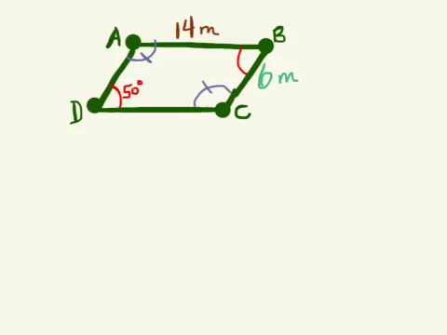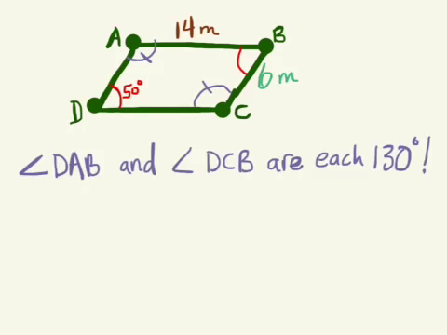Let's add in a couple more facts that we didn't write before about the measurements of these angles. So if you know you have a parallelogram, all you need to know are the two different side lengths and one angle measurement, and you can figure out everything else.